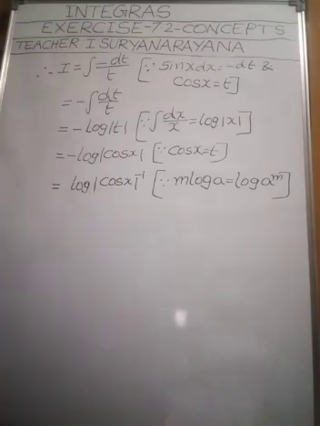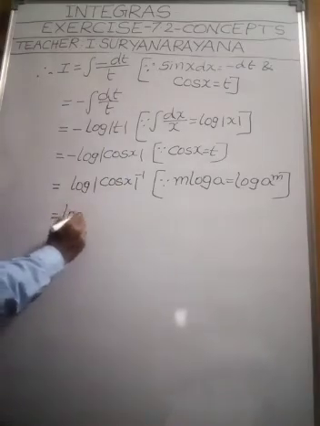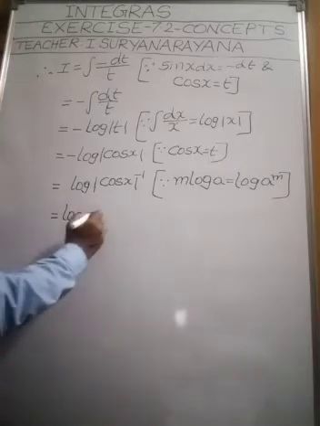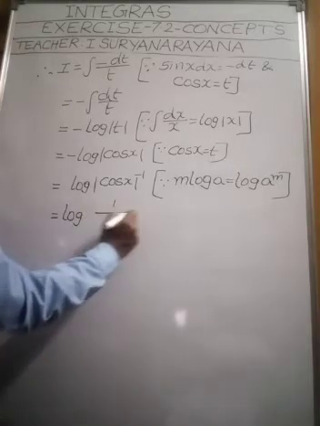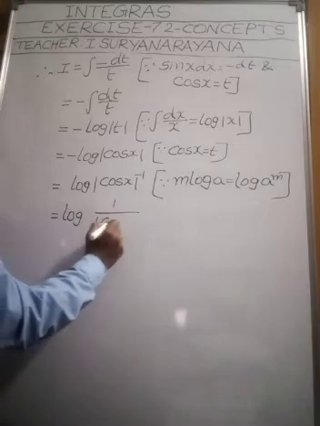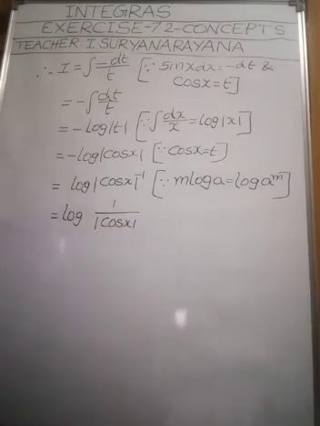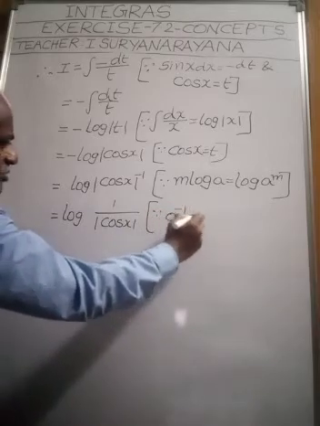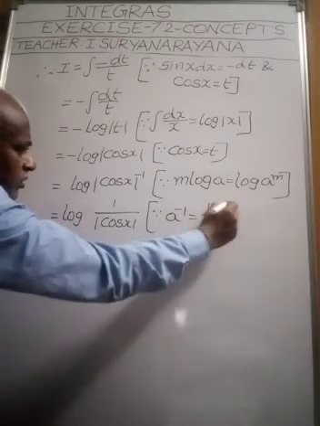So log mod cos x whole power minus 1. How can you write? 1 by mod cos x. Isn't it, my children? Because a power minus 1 is equal to 1 by a.